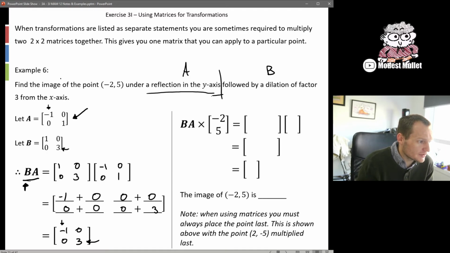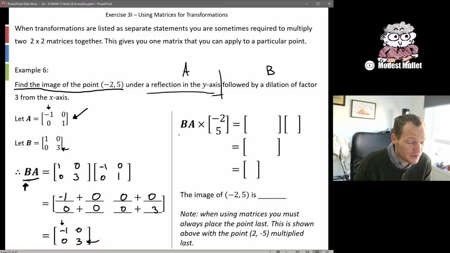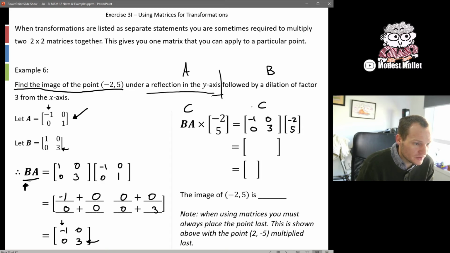Now we might be asked, and in this we're now saying, find the image of the point -2, 5 under that transformation. Well, we know our transformation matrix is this. Multiplying that by, so this combo one we might call C, so we've got C by original point.